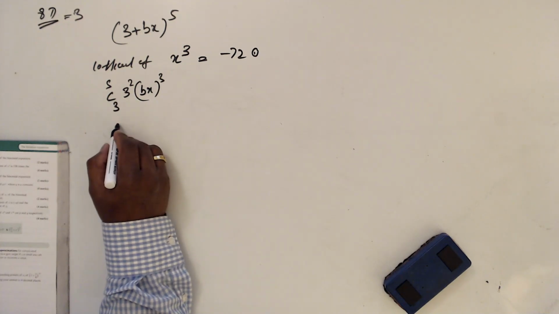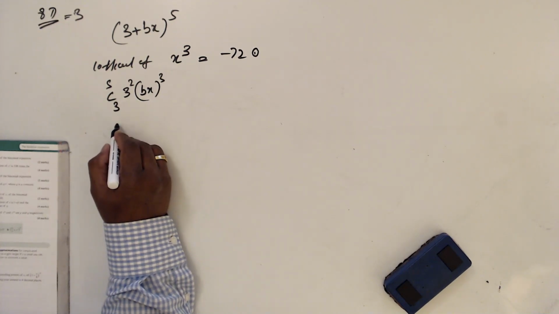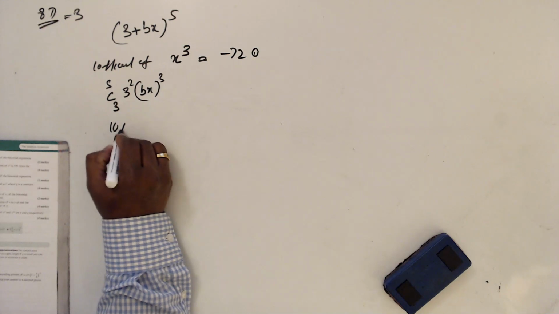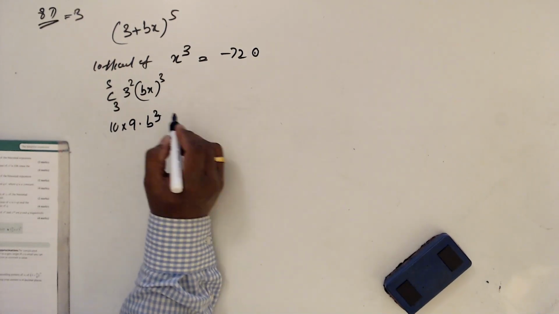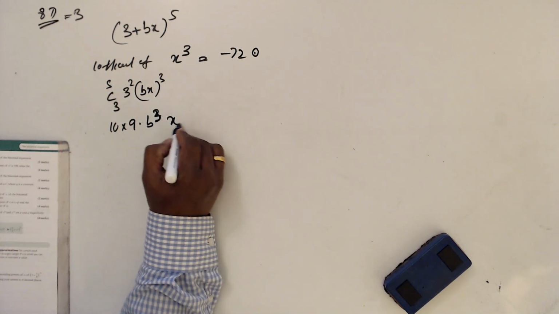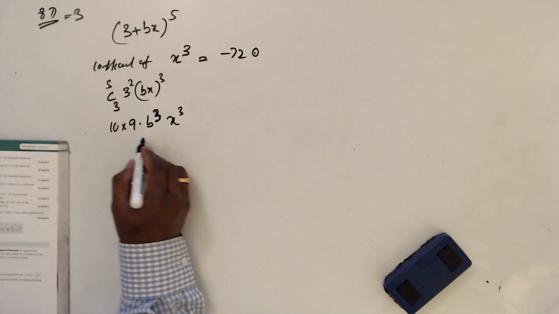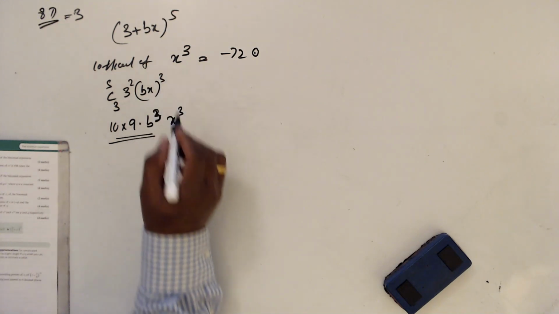So that is 10 times 9 times b square b cube x cube. So this is the coefficient of x cube.